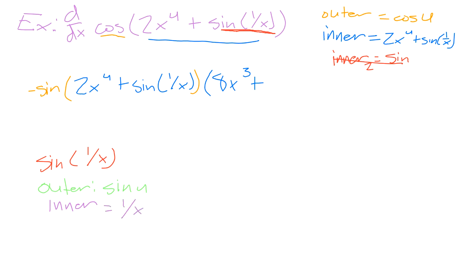So now let's go ahead and take the derivative of this. If we take the derivative of our outer function, the derivative of sine is going to be cosine. So we're going to have our cosine, and we can keep our inner function the same.